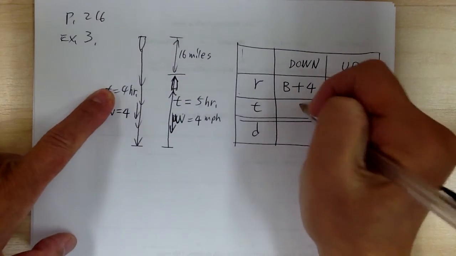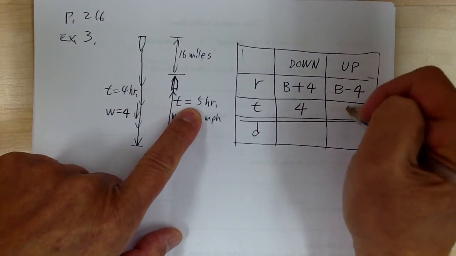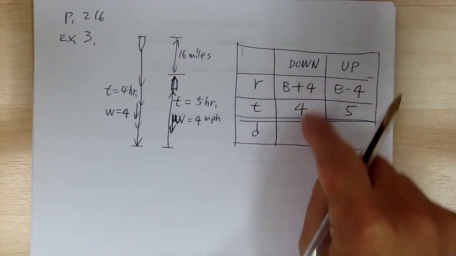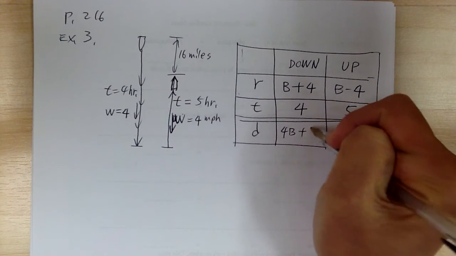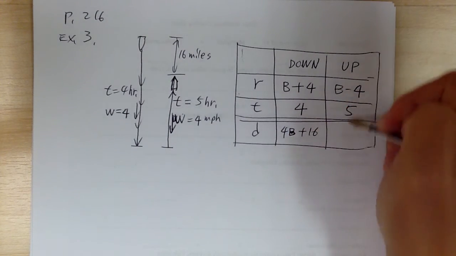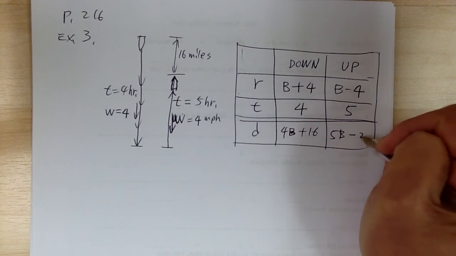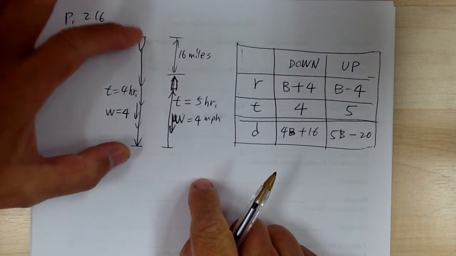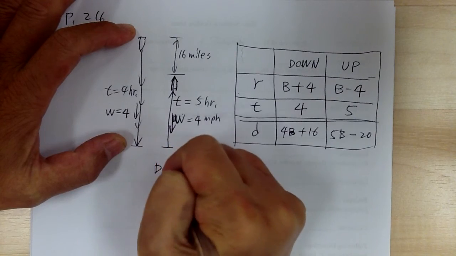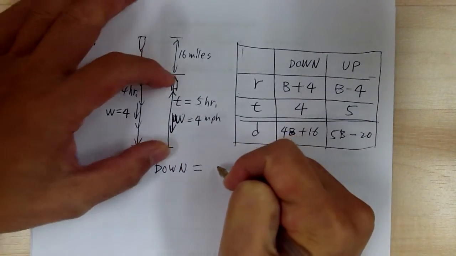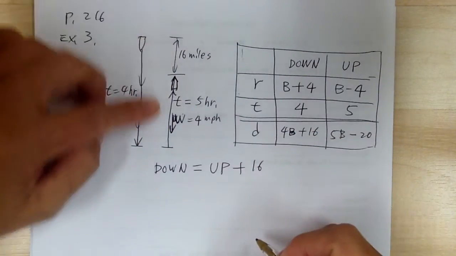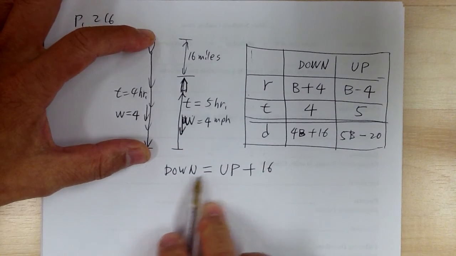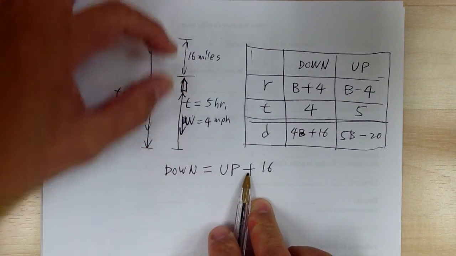The time is 4 hours here and 5 hours over here. The distance, it does not tell you the overall distance, but you can multiply. So this would be 4b plus 16. This one, when you multiply, is 5b minus 20. Now you have to look at the relationship between the distances. The distance going down is equal to the distance going up plus the 16, because it didn't quite make it.